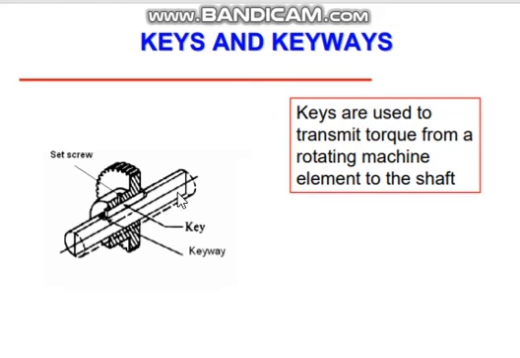If the shaft is getting the power and you have to transmit to this gear, then the key is used. If this is the driven shaft, then the torque will be received by the gear and transferred to this driven shaft. That also will be transmitted through this key, and the key will be sitting in the keyway.